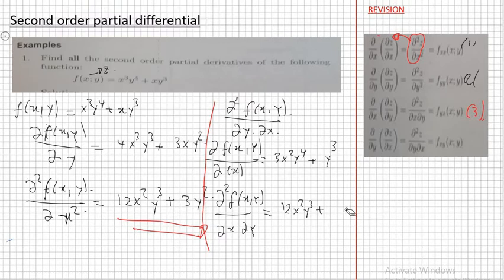Actually you need to have 3y to the power of 2. You are going to notice that these two expressions are identical. So you can start with x and then end up with y, and that is the same if you start with y and then end up with x.